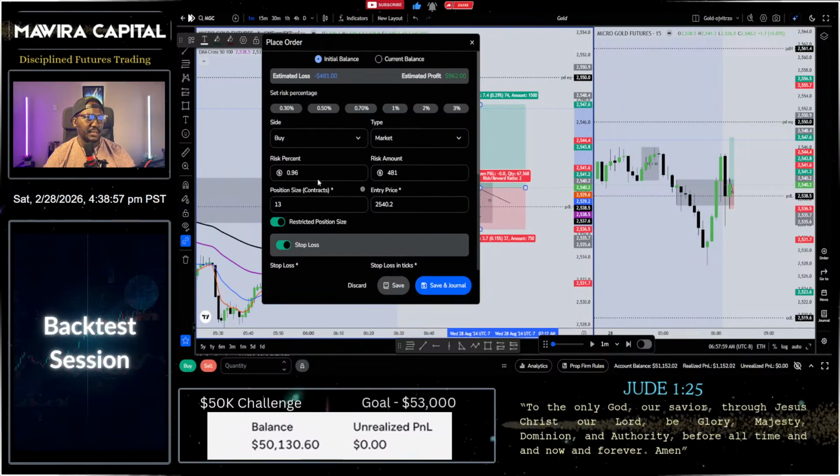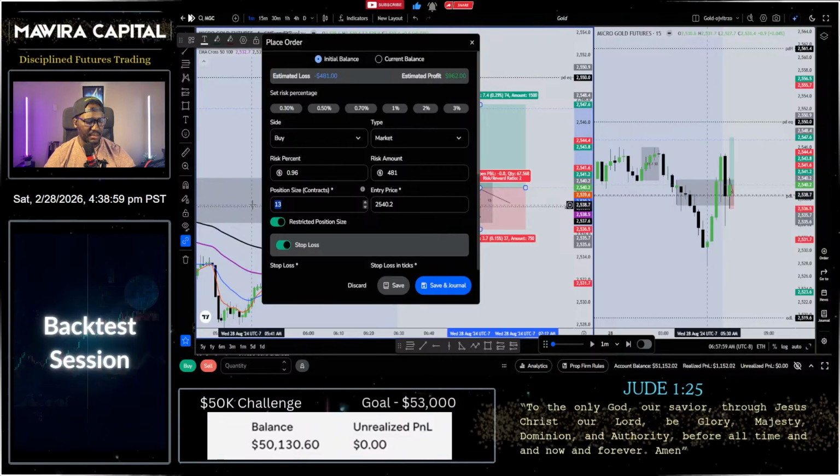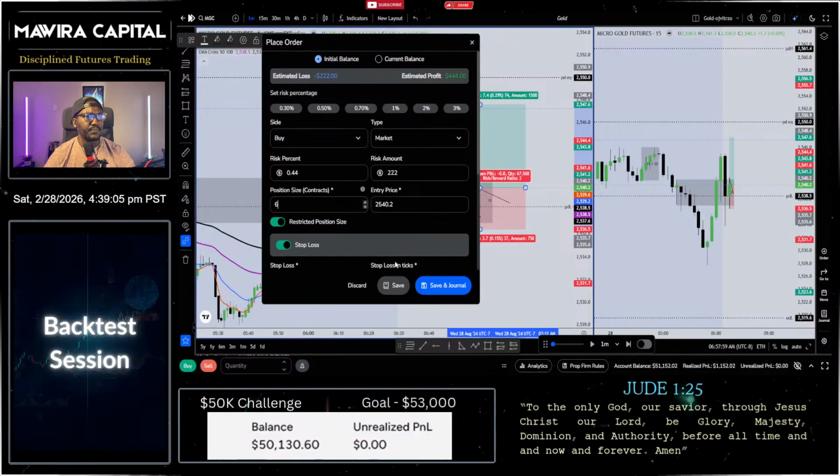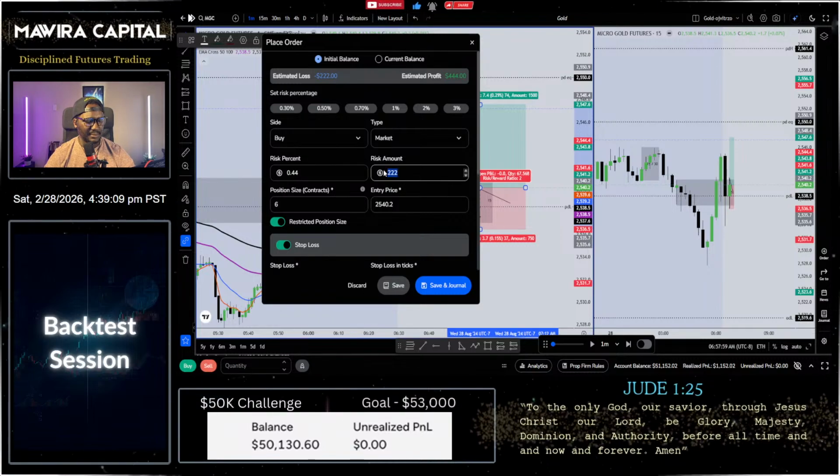So it has to be a restricted position. Let's do 5. I'm not so sure about this trade. So 222, that's okay. But pretty much most of my, now this is something else they trade, FX replay. You gotta make some type in 200, it just does its things.